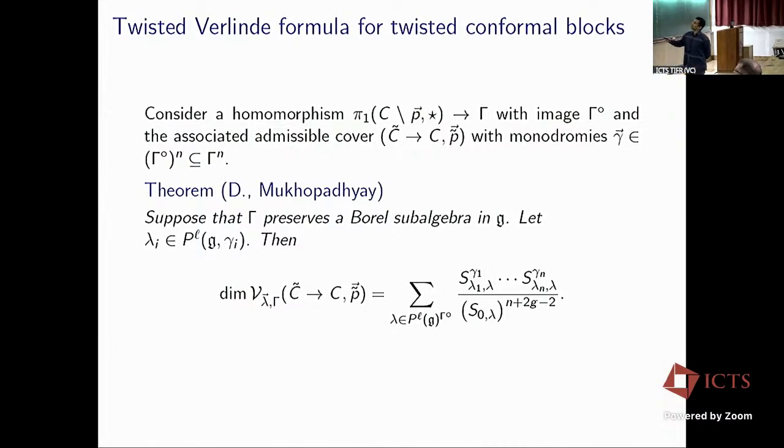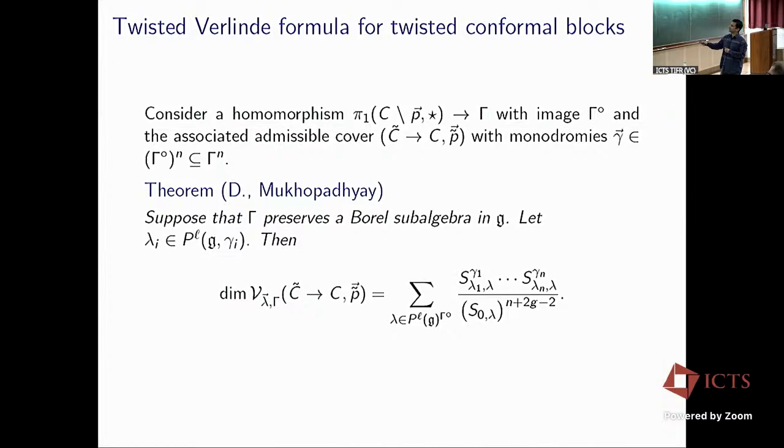This admissible cover corresponds to some map from the fundamental group of the bottom punctured curve to gamma, and I'm taking gamma circle to be the image of this map. So the formula has this shape.